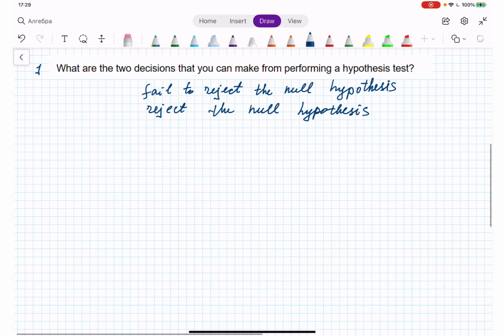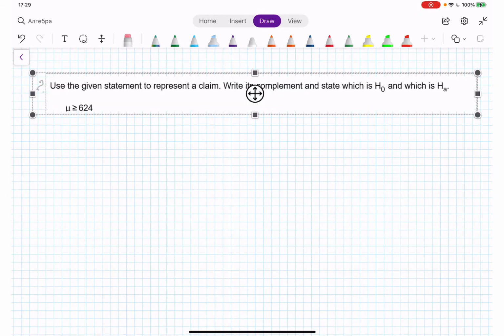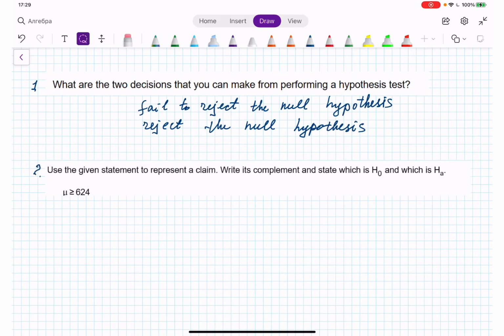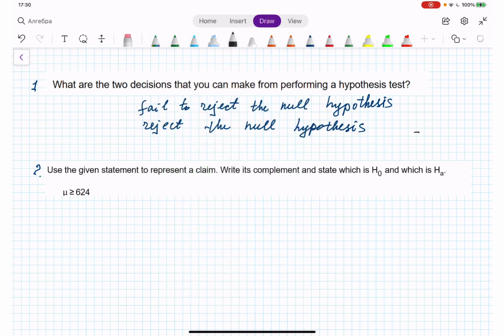Second question. Use the given statement, mu is greater than or equal to 624, to represent a claim.